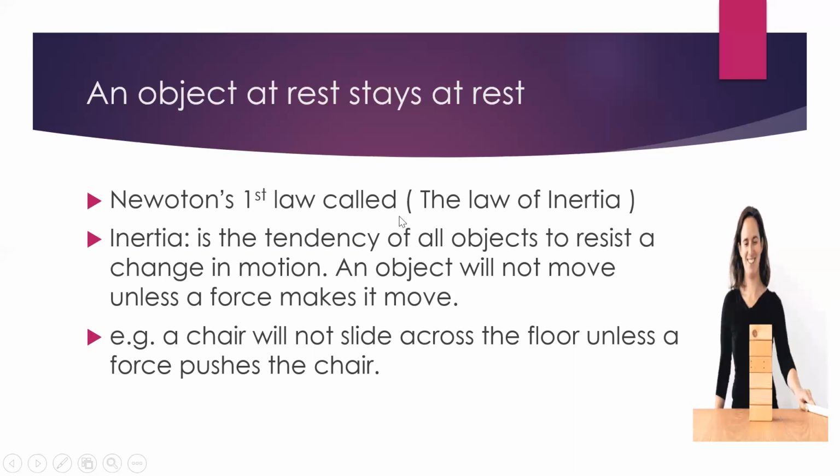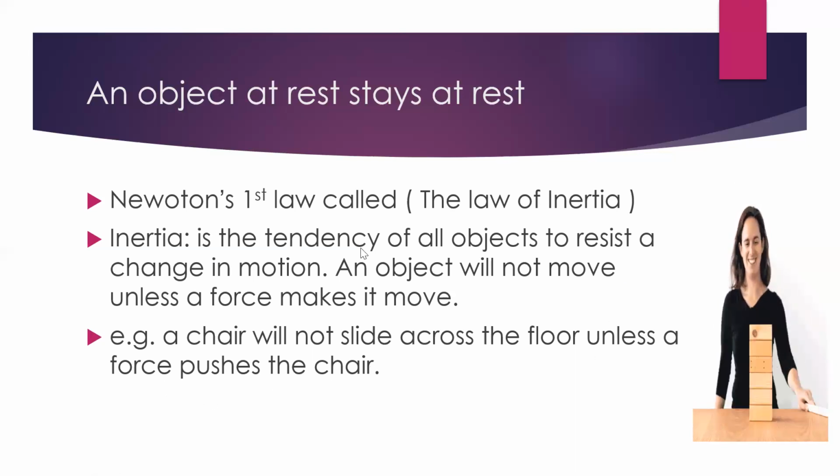Newton's first law is also called the law of inertia. Inertia is the tendency of all objects to resist a change in motion. An object will not move unless an unbalanced force makes it move. And here is the example. Another example: a chair will not slide across the floor unless a force pushes the chair.